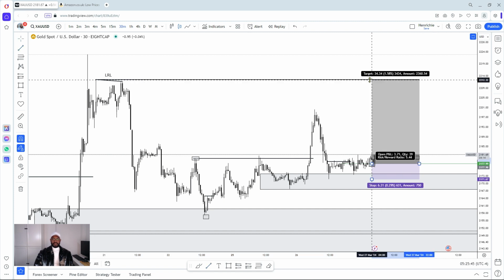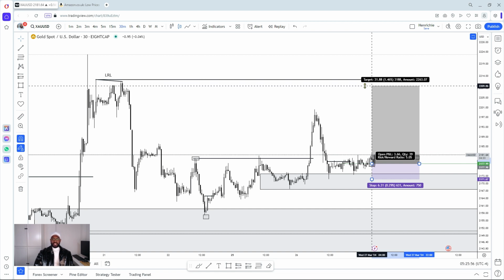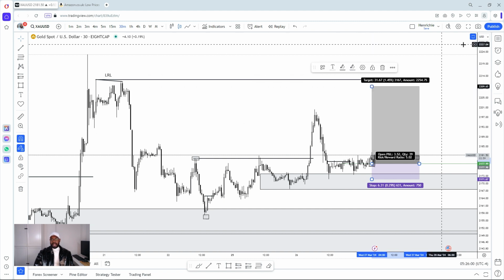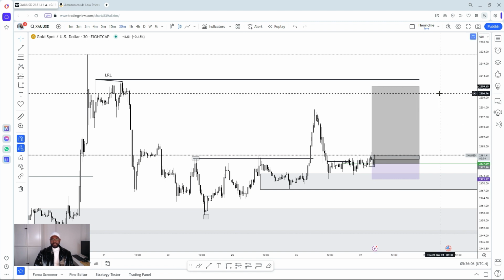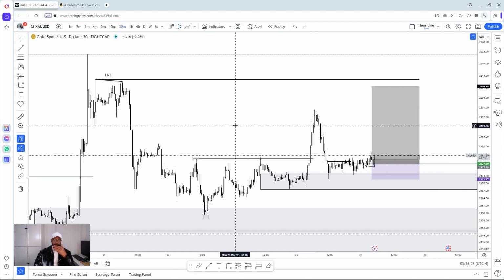So right there is my exit, but it's a 1:5.48. What I'm going to do is watch it as a 1:5. Once we hit a 1:5 take profit, I'm most likely going to close the position because I'm very satisfied with a 1:5 risk to reward ratio.